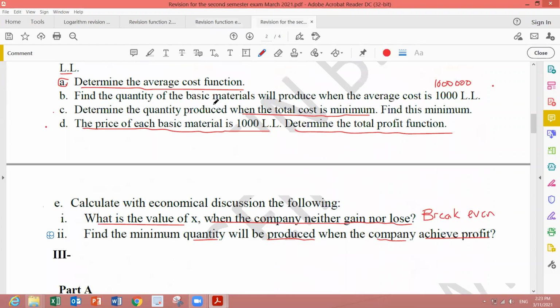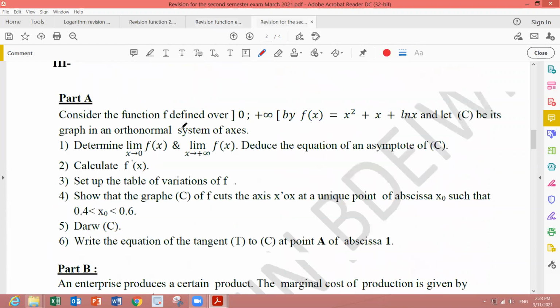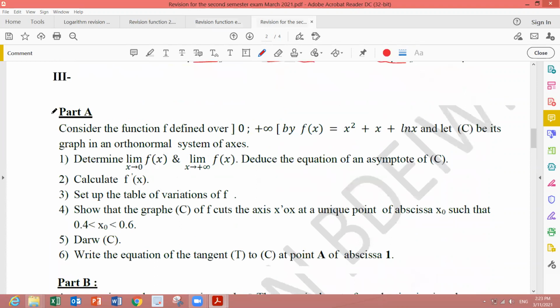We start with problem 3. We have the function defined over 0 plus infinity by f of x equals x squared plus x plus ln x.